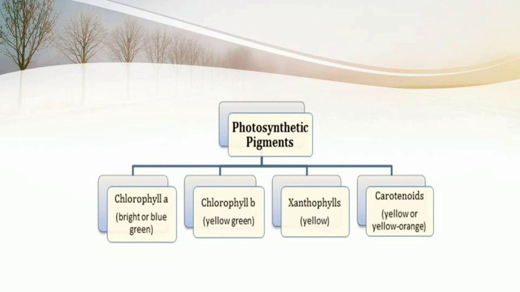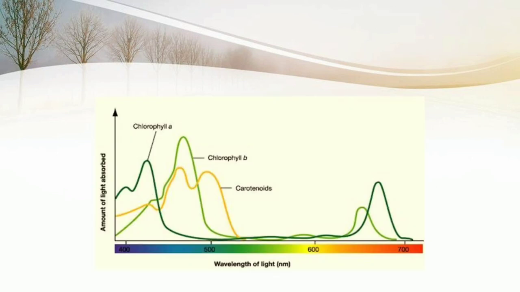Pigments are substances that have an ability to absorb light at specific wavelengths. When these pigments absorb light, in the blue region and the red region, there is maximum absorption.